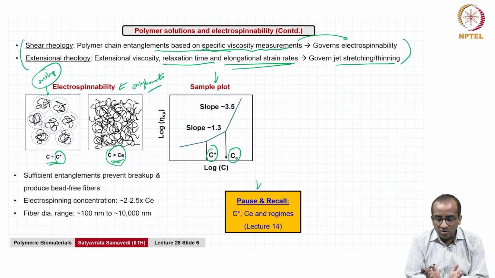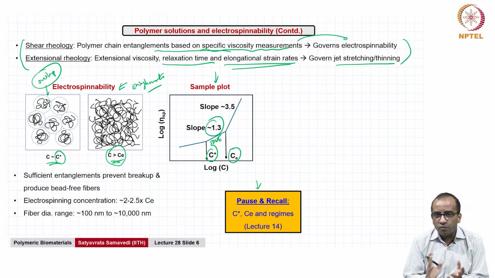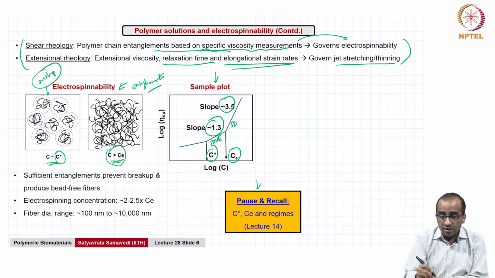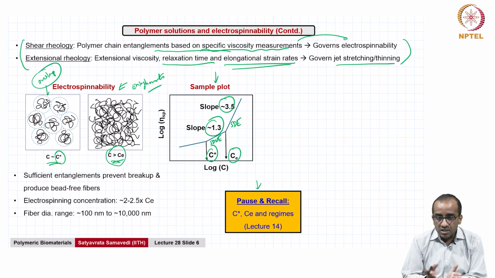If you plot it on a log-log scale, typically in the semi-dilute unentangled regime, you will end up getting slopes of roughly 1.25, 1.3. These are ballpark numbers. You will not always get 1.3, but thereabouts. But you will see much higher slopes when you have gone beyond the entanglement concentration, which is the semi-dilute entangled regime.